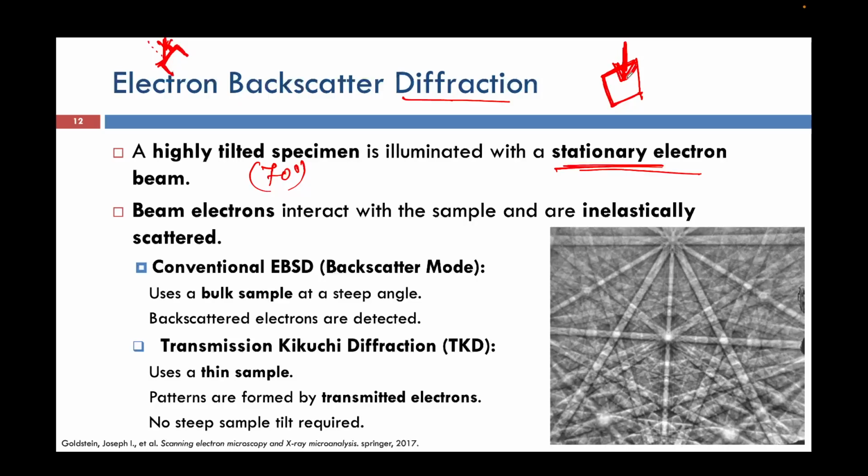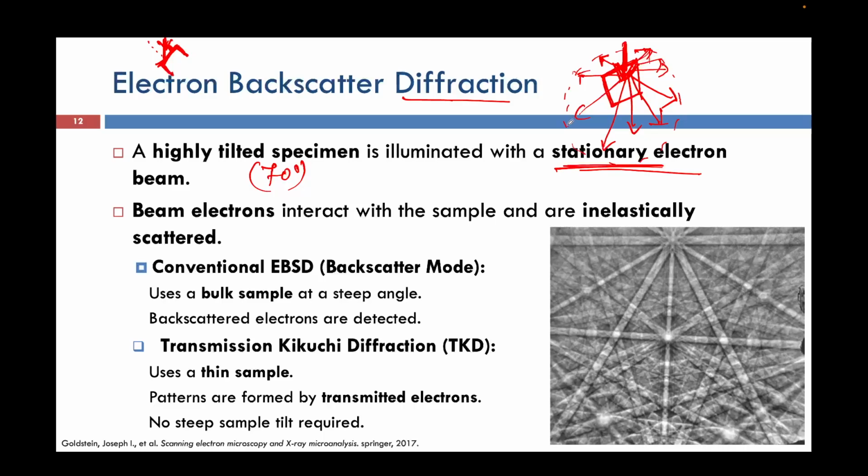Now my beam is coming, and here a cone kind of formation will happen, because after interacting with the material, the electrons will be scattered in all directions. All means backward as well as forward. It is not necessary that the electrons will always be scattered in the forward direction. Some of the electrons will also be scattered in the backward direction.